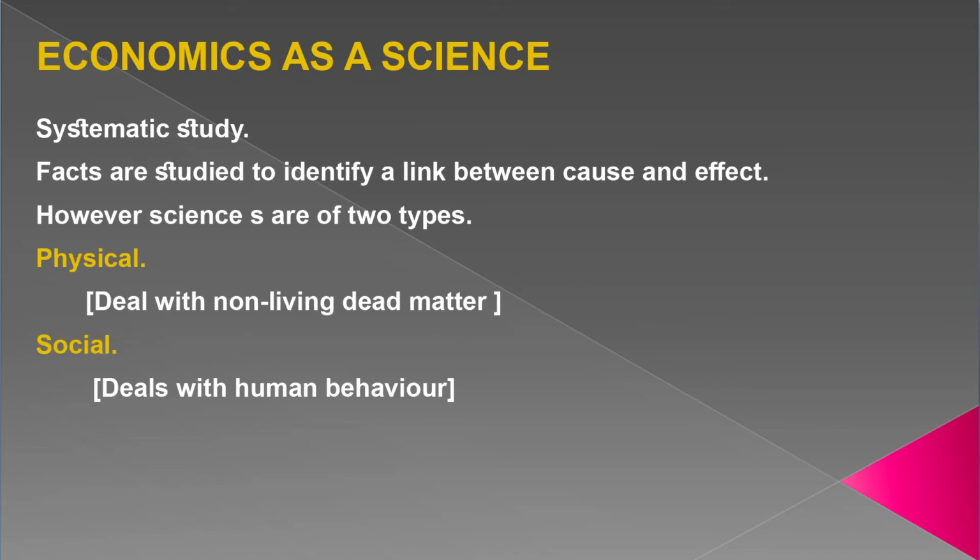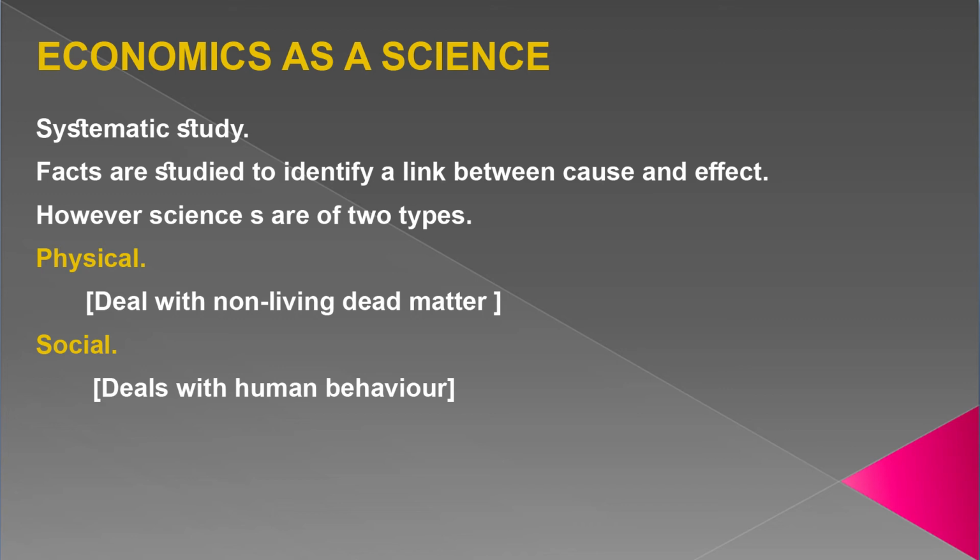Then, economics as a science. What do you mean by science? Science is a systematic study of knowledge. In sciences, you collect facts. Just like that, in economics, facts are studied to identify a link between cause and effect.